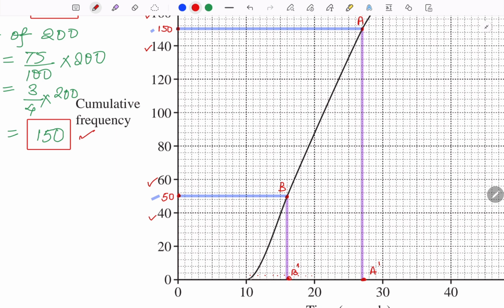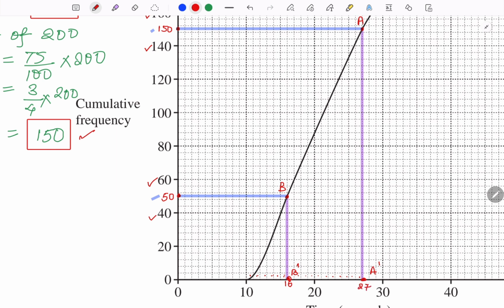So let's count the boxes: 1, 2, 3, 4, 5, 6. So this one is nothing but 6. And if you add 6 to 10, you will get 16. And here also we can start counting 1, 2, 3, 4, 5, 6, 7. So when you add 7 to 20, you will get 27.